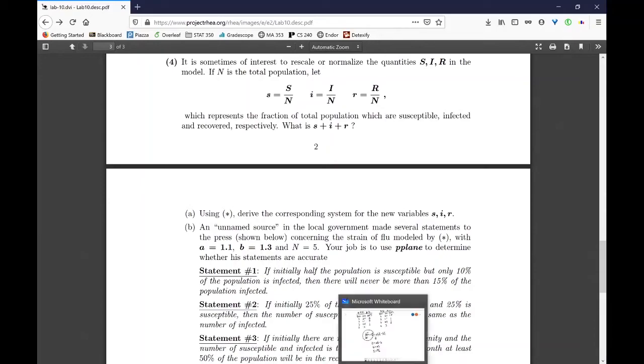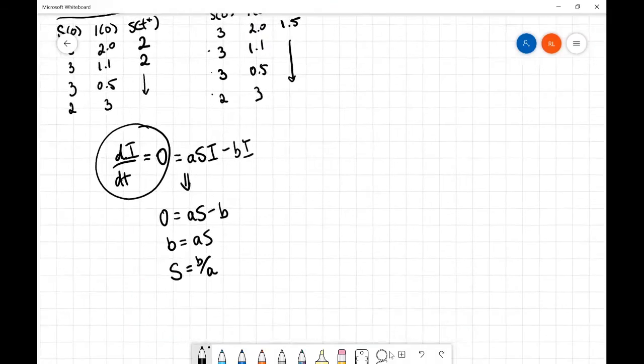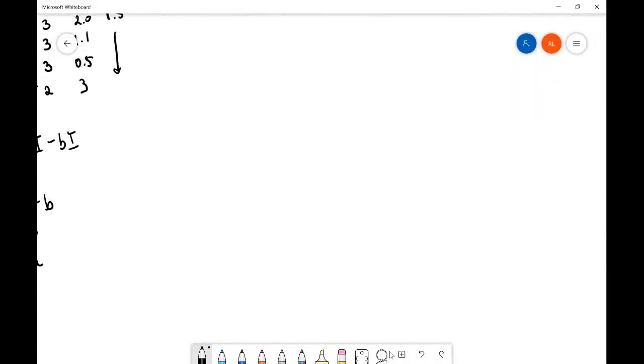Alright. So originally we had dS/dt is equal to negative aSI.